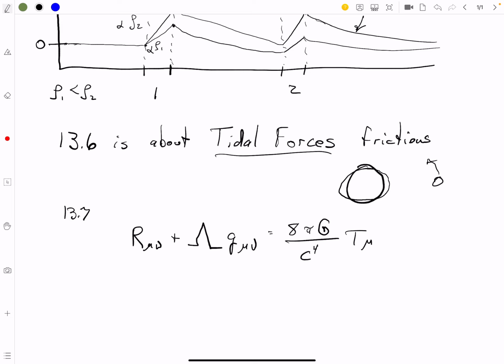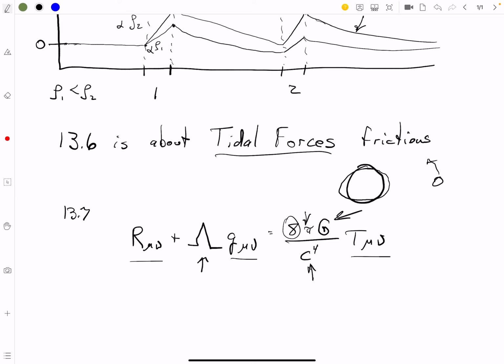And then we've got T mu nu. Okay, this is a tensor, that's a tensor, that's a tensor, and that's a constant, cosmological constant. This is a constant, pi is a constant, that's a constant, and of course 8 is a constant.